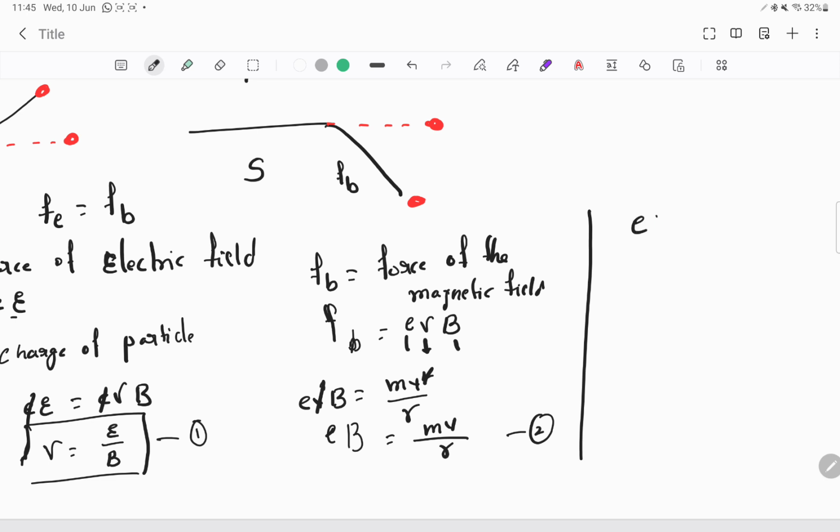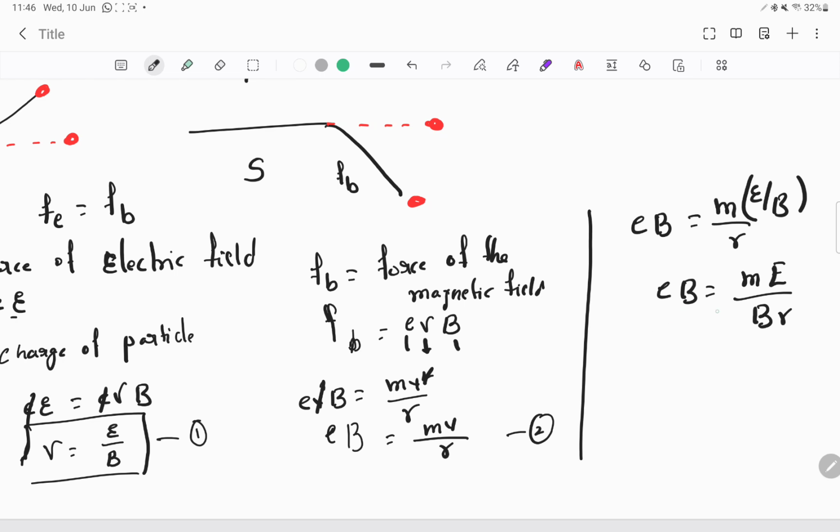When we substitute that, e B equal to m by R, what is V? Capital E by B. So e B equal to m E by B R. What we want is e by m.